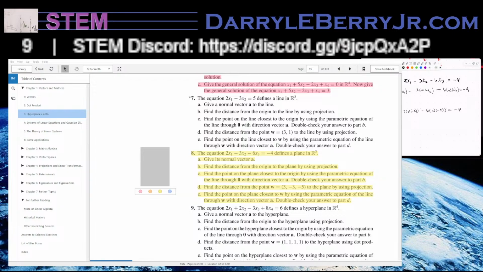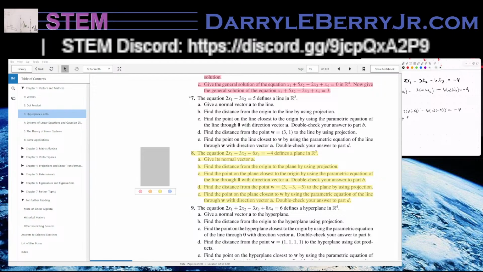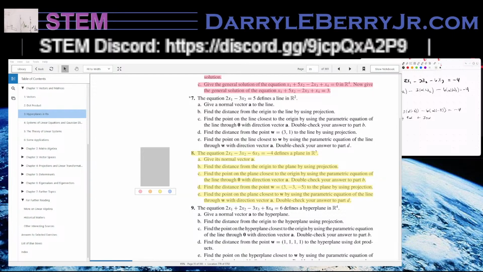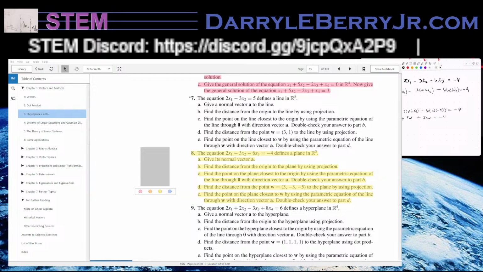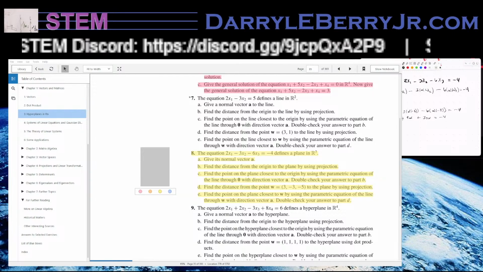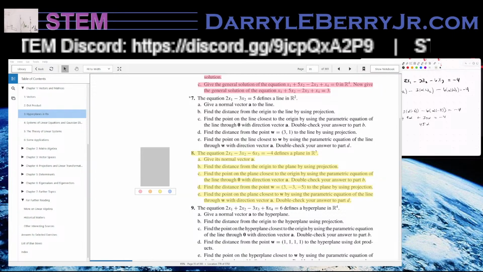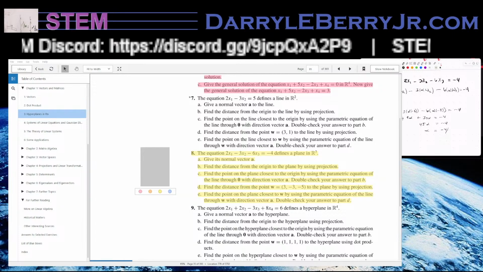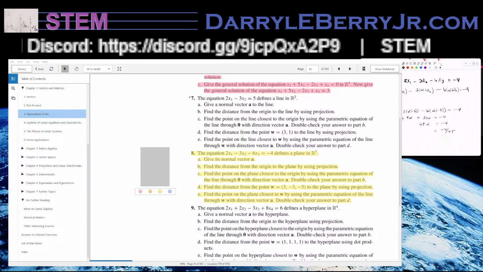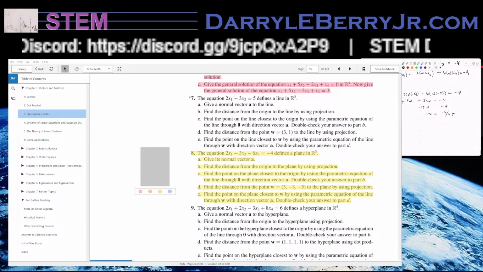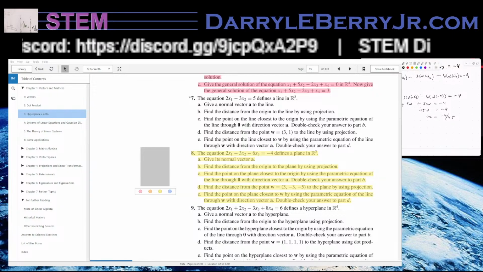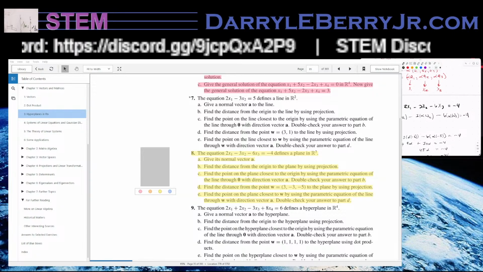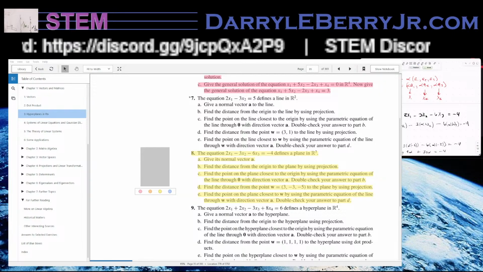So 6 alpha plus 9 alpha plus 30 alpha equals -4. So 45 alpha equals -4. So alpha equals -4 over 45. So that means the point is going to be this plugging in alpha.